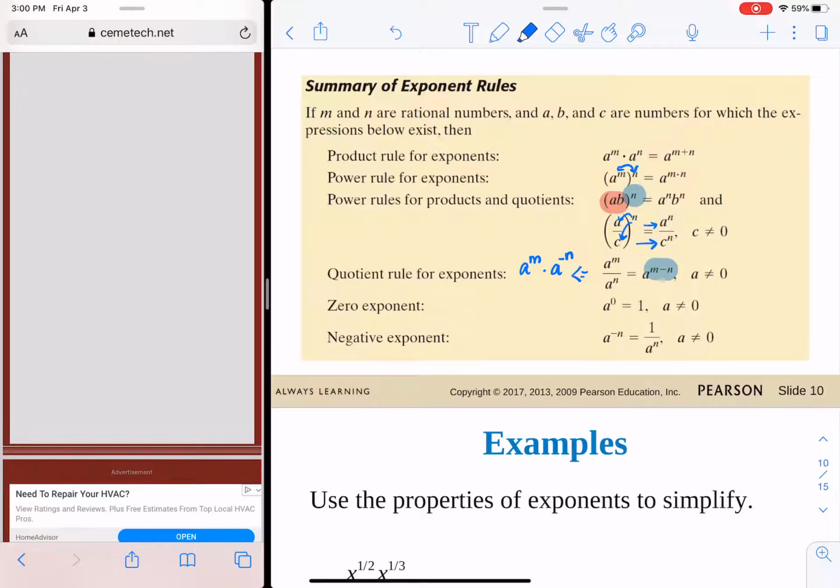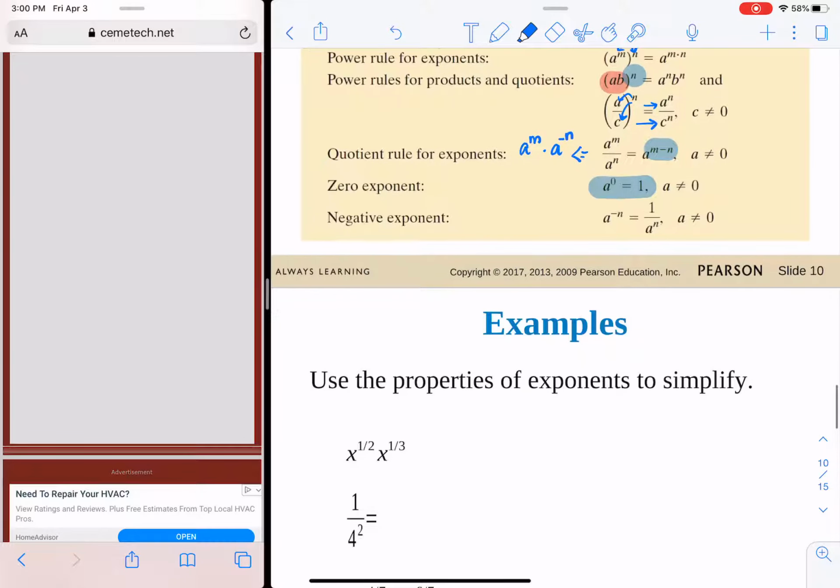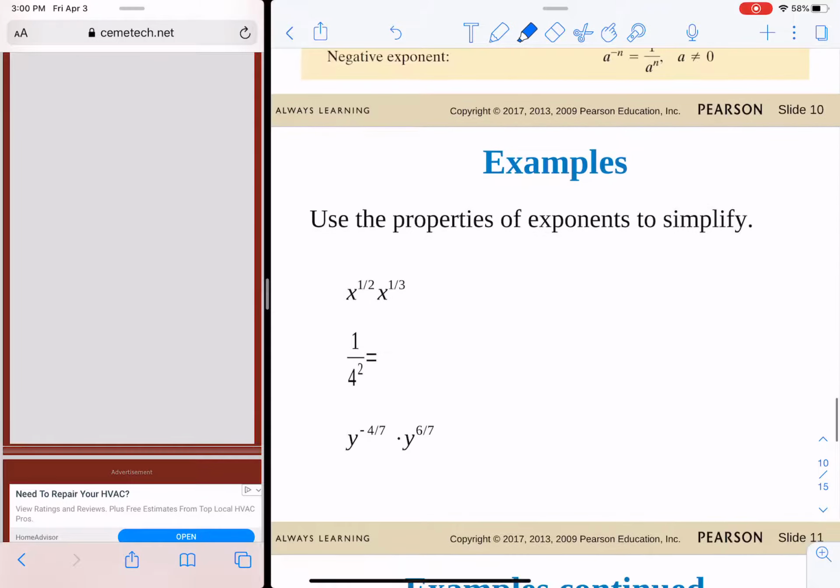So a raised to m minus n. Keep in mind, any number raised to the power of 0 is 1, and any number raised to a negative exponent is simply 1 over a raised to the exponent. So a raised to negative n is simply 1 over a raised to n.